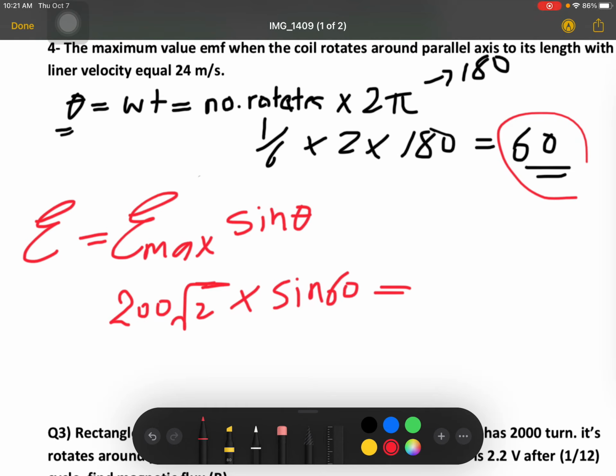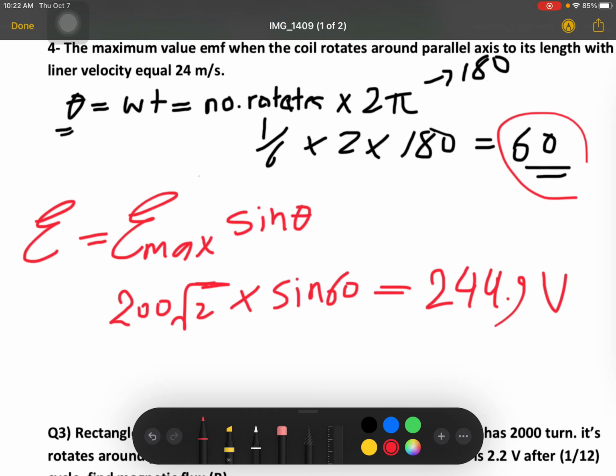Sine 60 is 0.866 times 200 times root 2. The answer will be 244 volt, 0.9 actually.